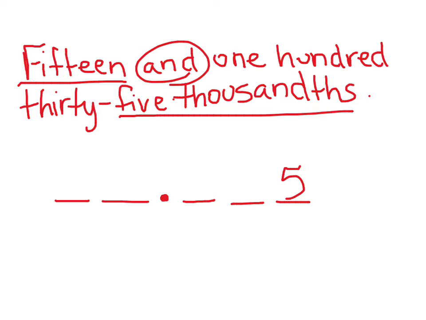So I can figure that out quick. 15 is a whole number, so 15 is going to go before the decimal. 15 and 135 thousandths, because the 5 ends in the thousandths place.